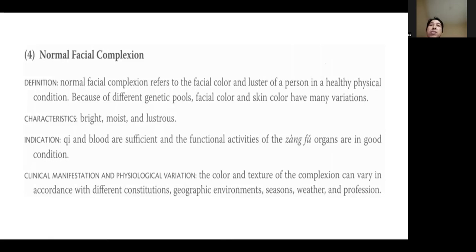The indication is qi and blood are sufficient and the functional activities of the Zang organs are in good condition. In clinical manifestation and physiological variation, the color and the texture of the complexion can vary in accordance with the different constitution, geographic environment, season, weather, and profession.